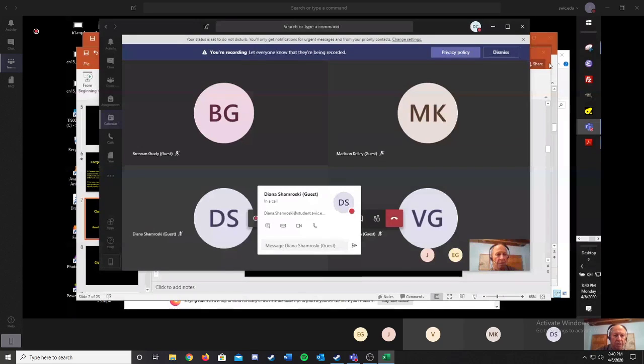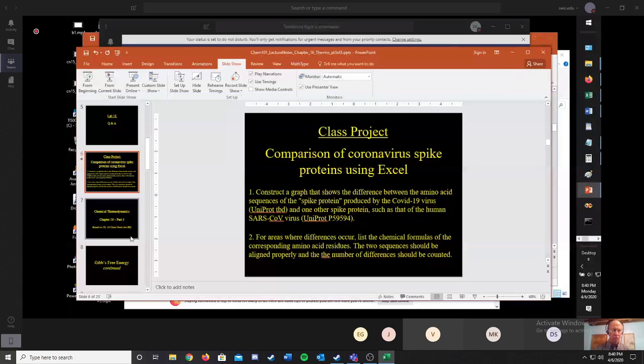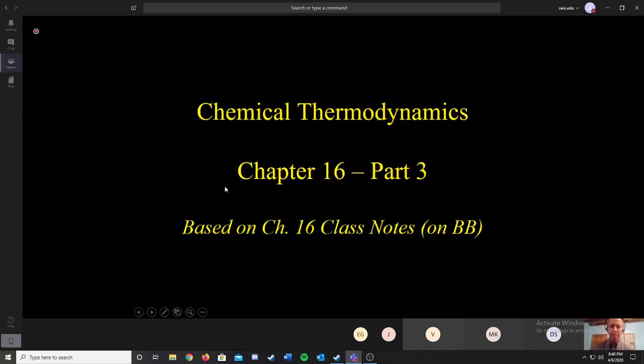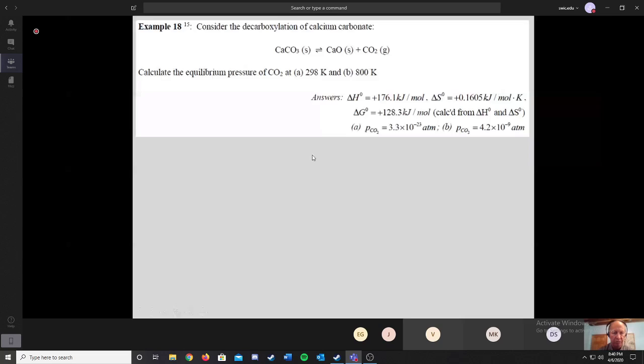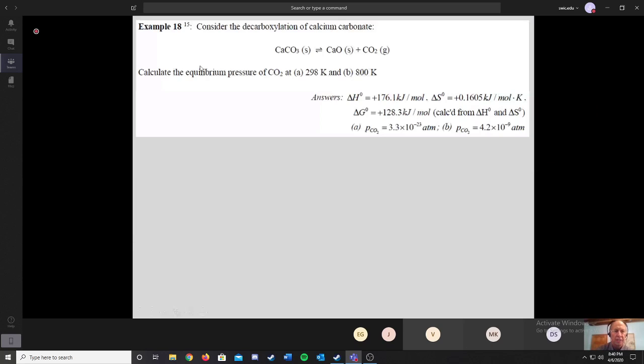Okay, let's see where we were here talking about the class project. So let's look at the rest of chapter 16. There were only a couple of examples relating to Gibbs free energy that were left. This was example 18, where we have a reaction involving calcium carbonate.